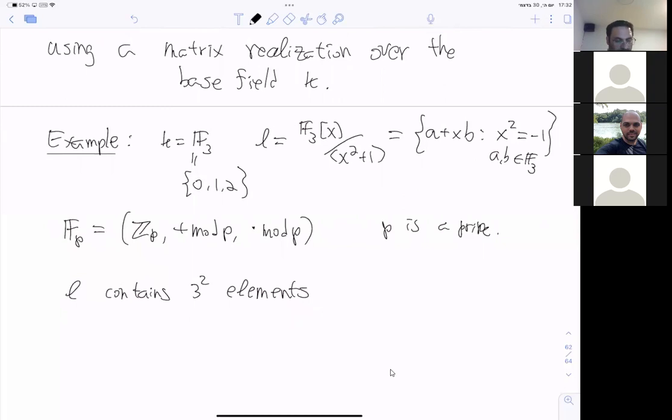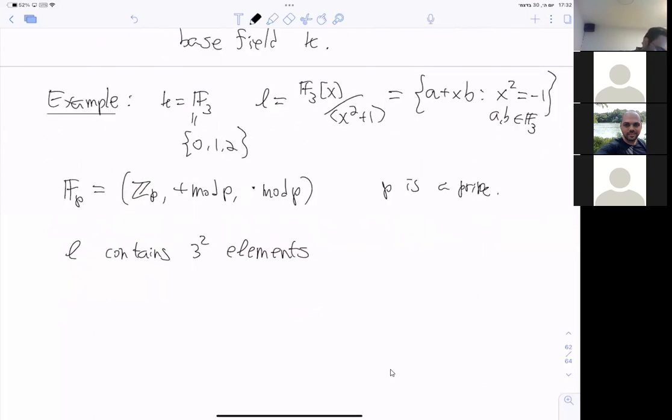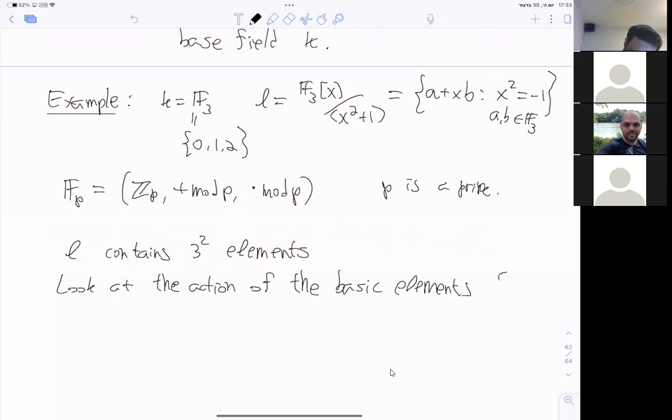Now, instead of writing by operator overloading the multiplication between two such elements, you can look at the action of the basic elements of L over K. This action is on L's elements.